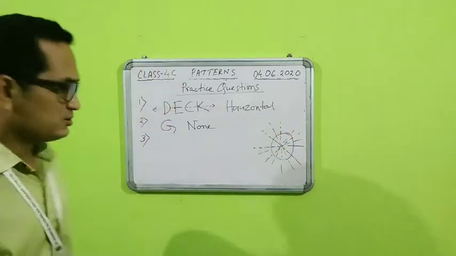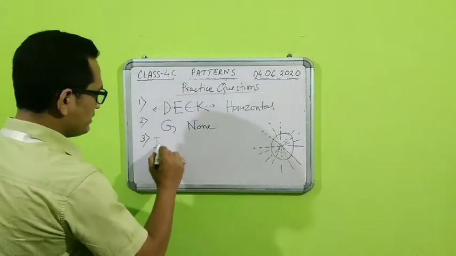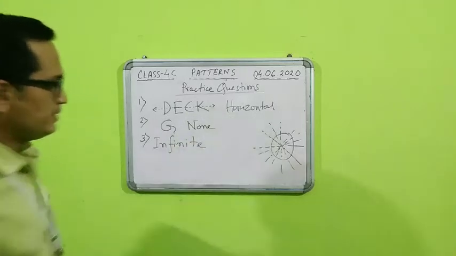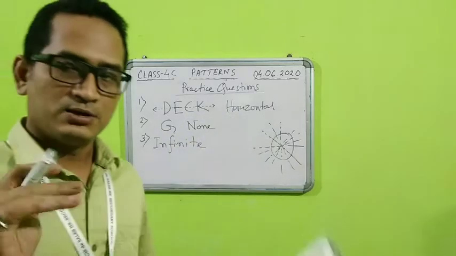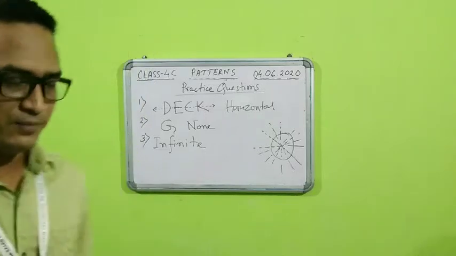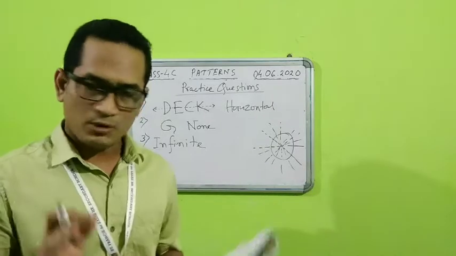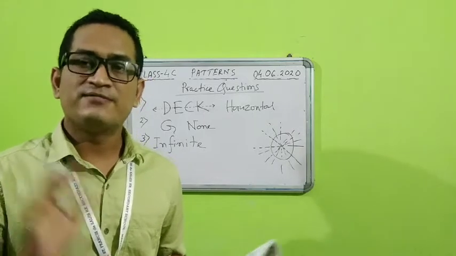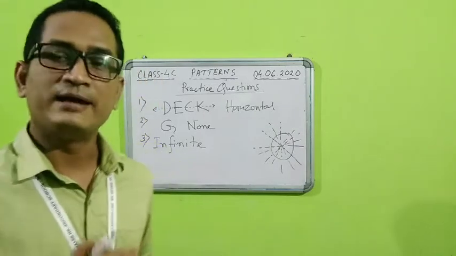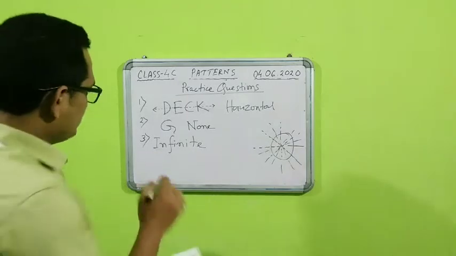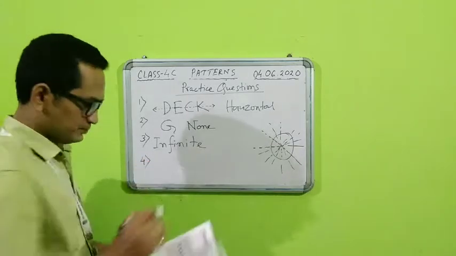Fine, like this. So the answer of number 3 will be infinite. That means if the shape of a wall clock is a circle, through a circle we can draw infinite lines of symmetry. Fine. So that is the answer for number 3. Then number 4.